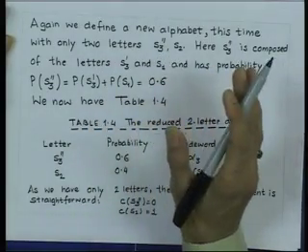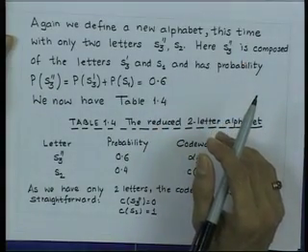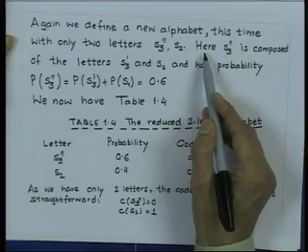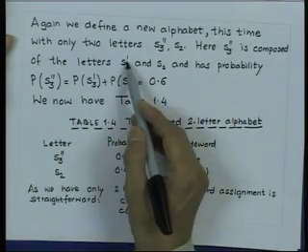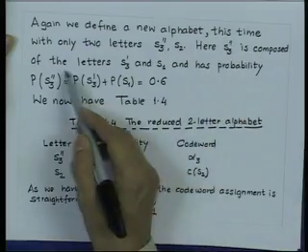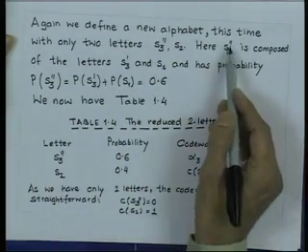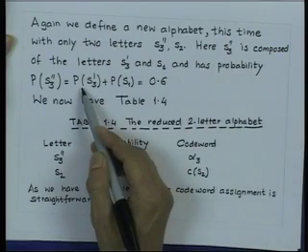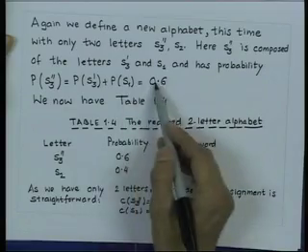S2 remains intact from the previous reduced 3 letter alphabet, but S3 double prime is composed of the letters S3 prime and S1, and the probability for S3 double prime will be equal to probability of S3 prime plus probability of S1, that turns out to be 0.6.